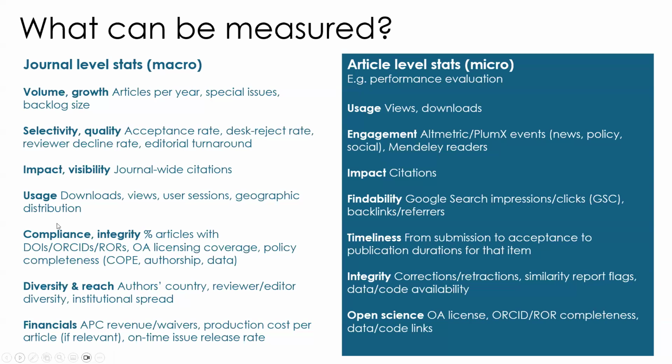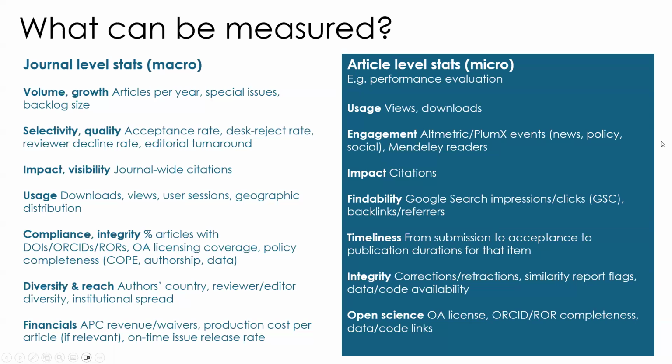In terms of journals, we would typically look at the volume of the journal, the growth, articles per year, special issues, a backlog size, selectivity and quality, acceptance rate, desk reject rate, review decline rate, editorial turnaround. We would look at impact or visibility, the citations overall, not just at article level, usage of articles published in the journal, compliance and integrity, diversity and reach, and then financials, APCs, and the rest.